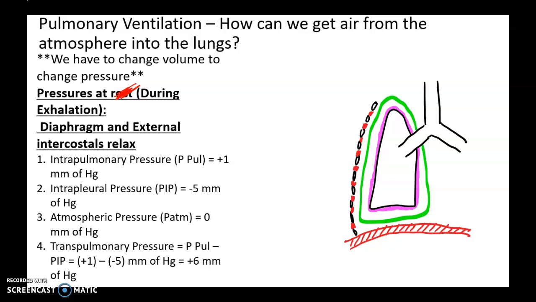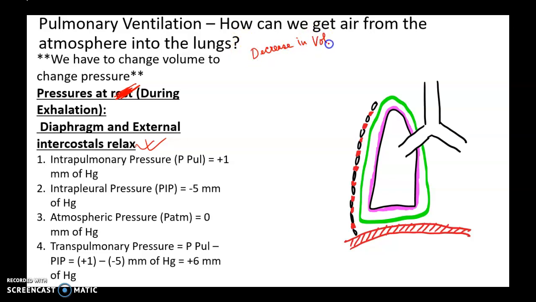During exhalation, the diaphragm is relaxed and the intercostal muscles are also relaxed. So the muscles relax. I want you to remember this. Now, as these muscles relax, the volume of the thoracic cavity decreases.